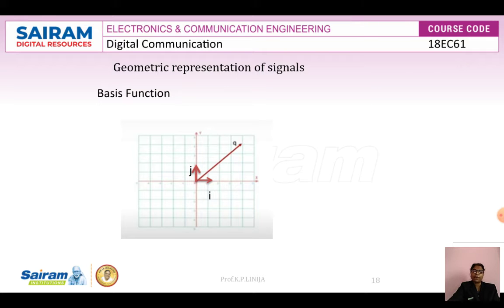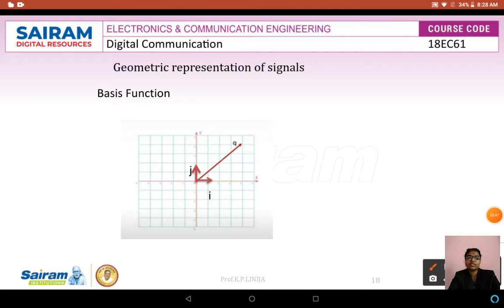If we take the product of i and j, the product of ij should be 0. Therefore, i and j are independent of each other. Once again, whenever you take the product of i and j, the product ij is 0.